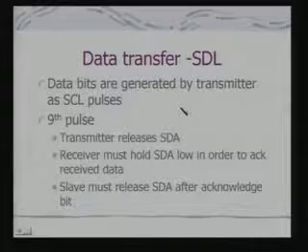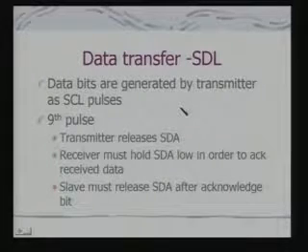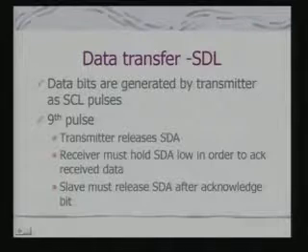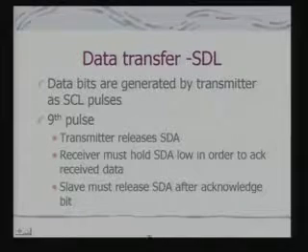Now, the data bits which flow along your SDA, okay, serial data line, are generated by the transmitter. Now, the transmitter can be the master or maybe the slave, depending on whether it is a read or write operation. In the 9th pulse, okay, the transmitter releases SDA.